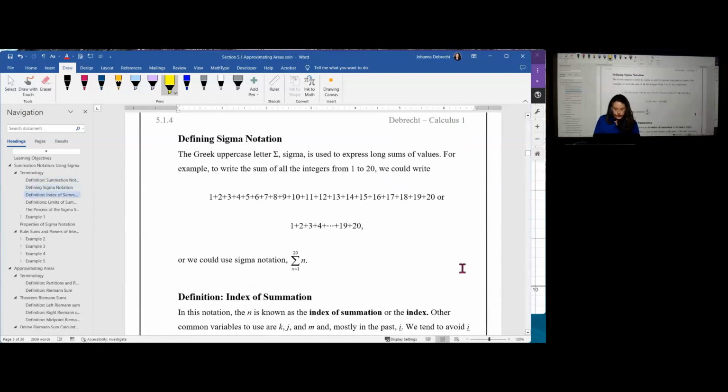This shorthand notation for sums is called summation notation or sigma notation. We're going to use the Greek uppercase letter sigma, which you can see here, to represent these long sums of numbers. For example, if you want to sum all the integers from 1 to 20, you could write 1 plus 2 plus 3 all the way up to plus 20. Or you could use a dot, dot, dot in the middle to represent it. We can also represent this with sigma or summation notation.